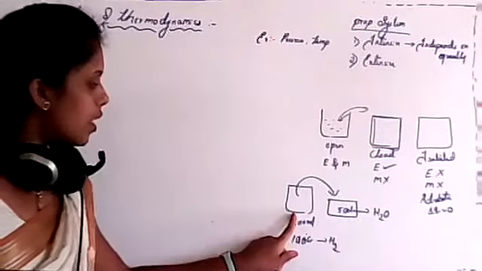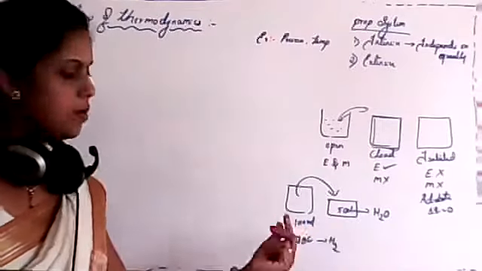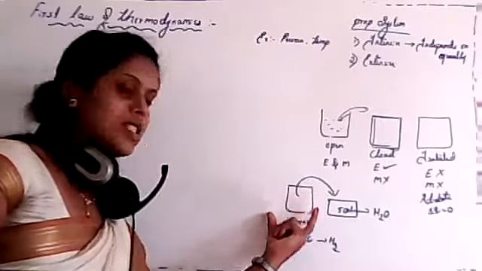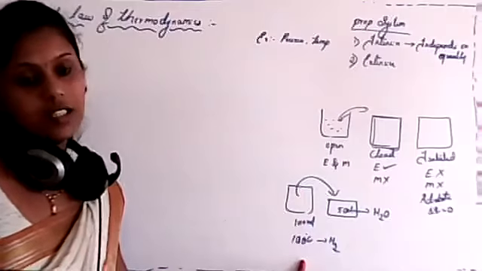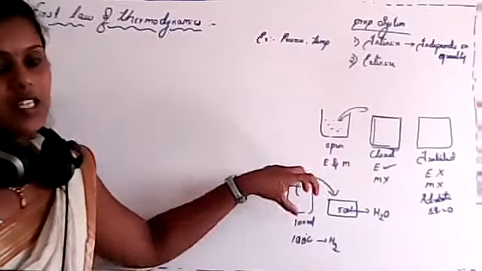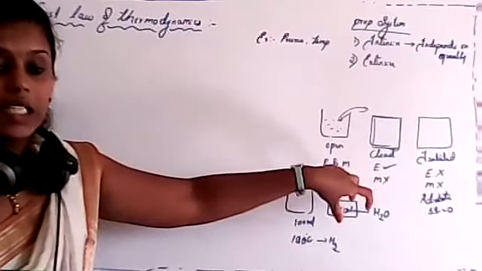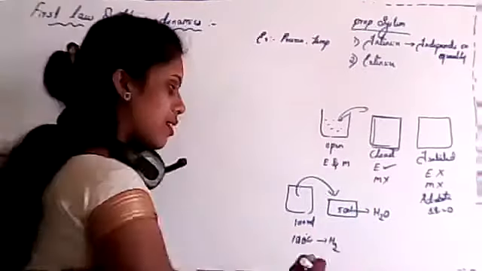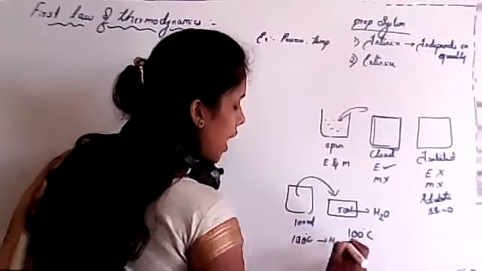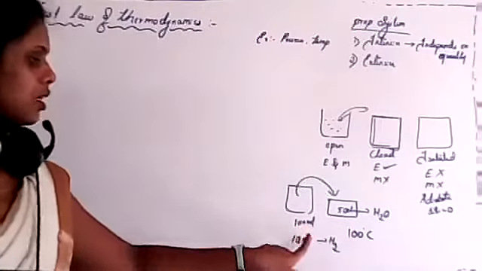See, this one is a system, this one is another system. If the system which contains 100 ml of water is at 100 degrees Celsius, and I remove 50 ml of water into another container, what will be the temperature of that system? Yes, it will be 100 degrees itself. So that means temperature remains constant.